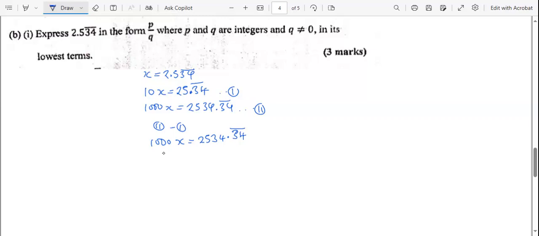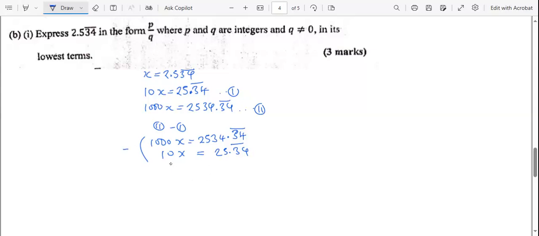So we had 10x is equal to 25.34 bar. Once you subtract, the bars will be 0, right?